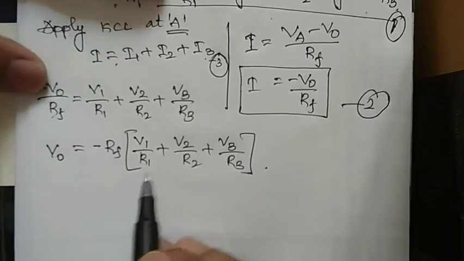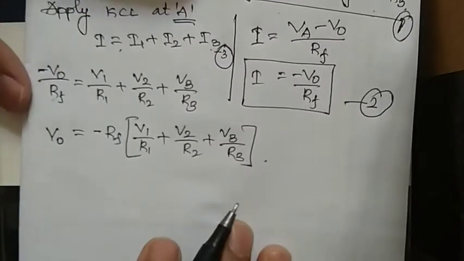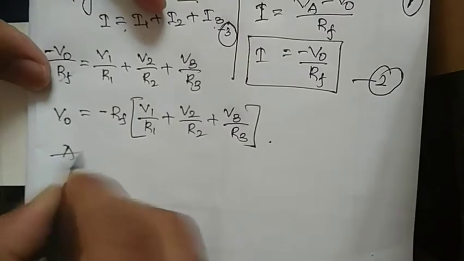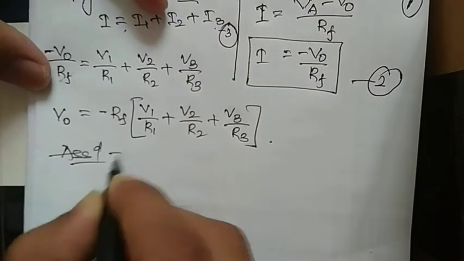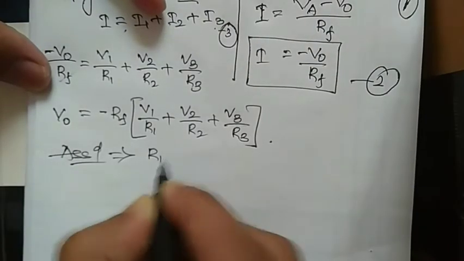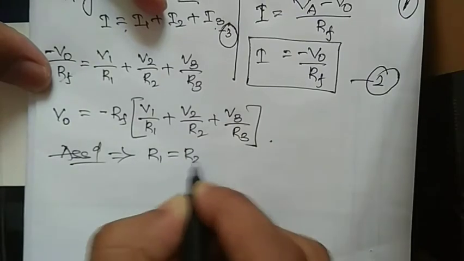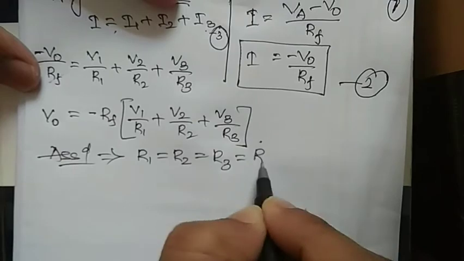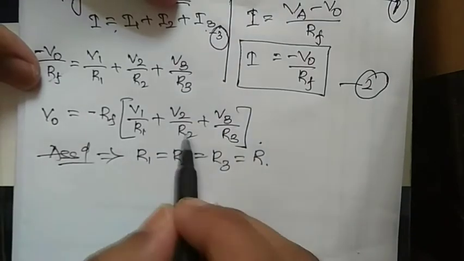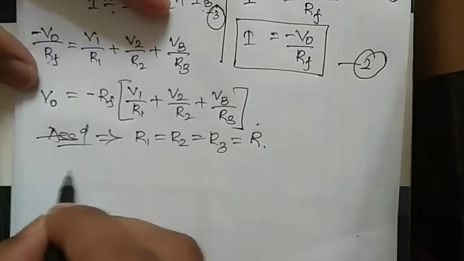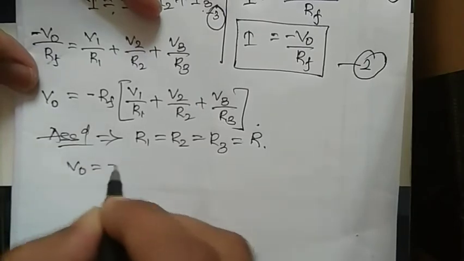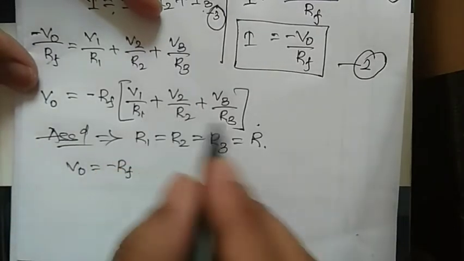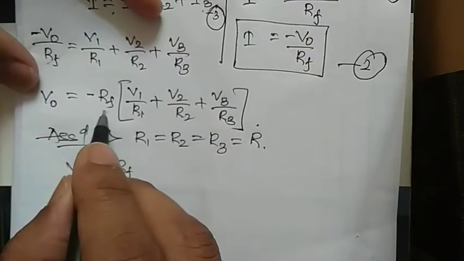Now you can directly consider some assumptions here. So what are the assumptions? If we assume the values R1 equals R2 equals R3 equals R, all three resistors are the same, then your V0 equals minus RF. If all values are the same, we take it common.